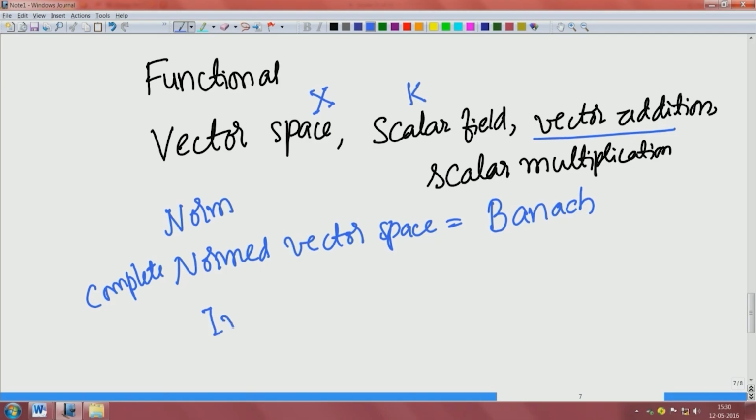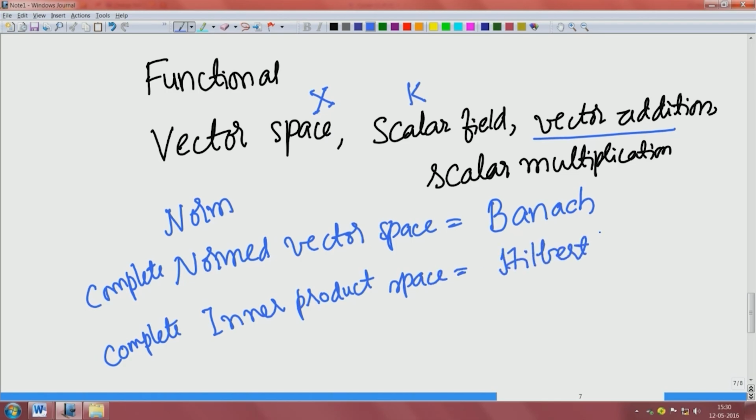We also talked about inner product, and a complete inner product space is called a Hilbert space. These are generic categories of spaces. Banach is especially important because whatever initial guess function we start with, when you generate a sequence through iterative optimization, the limit or converging function should be within that space.